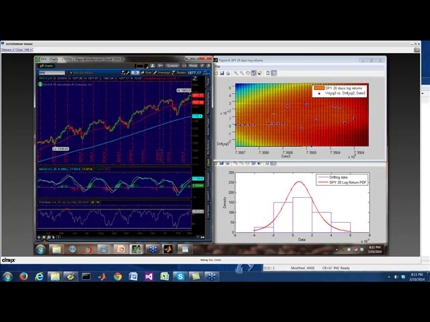Once the line is fitted, you know what the slope is. So the drift that I'm using in the Excel sheet is the slope of the line.